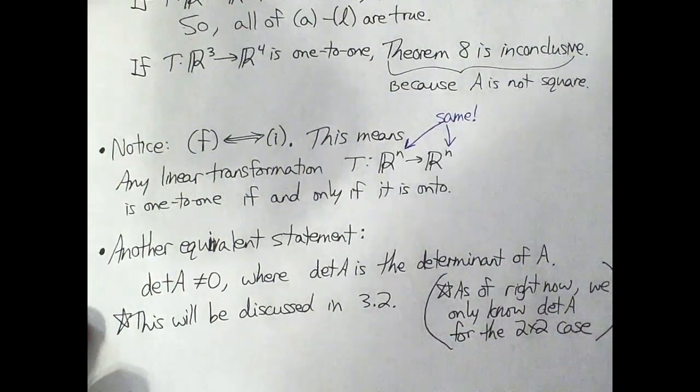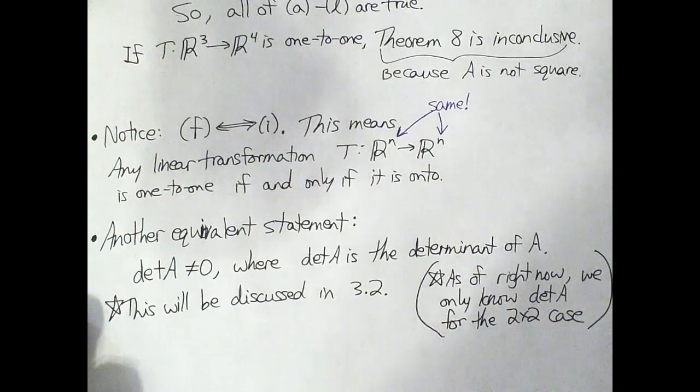So we haven't talked about how to find a determinant of a larger matrix yet, but we will. And we will learn how to find the determinant of a 3x3 matrix or a 4x4 matrix, or any square matrix does have a determinant.